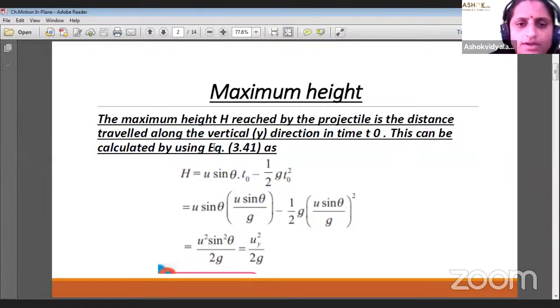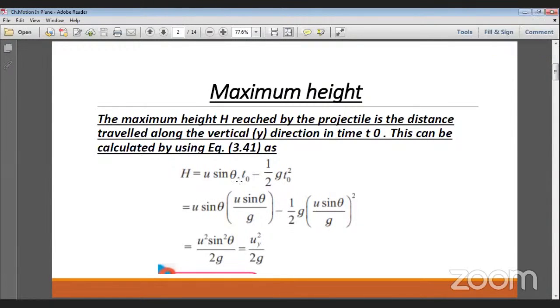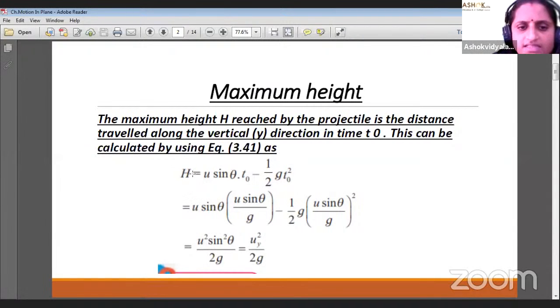This can be calculated by using equation 3.41, which is Sy equal to u sin theta into t minus half g t square. Now substitute the value of t as t0. We get h equal to u sin theta into t0 minus half g t0 square.